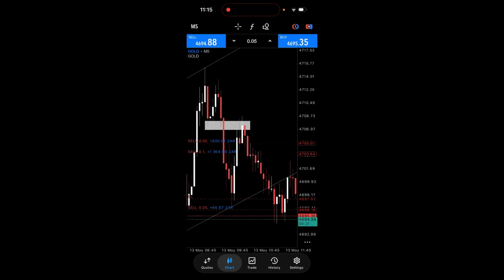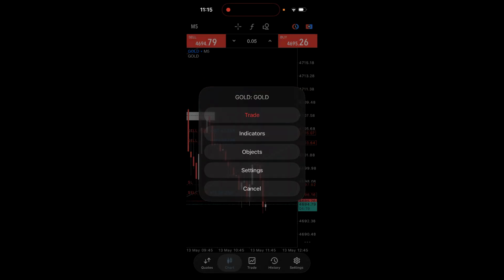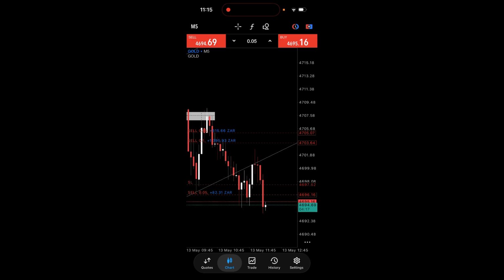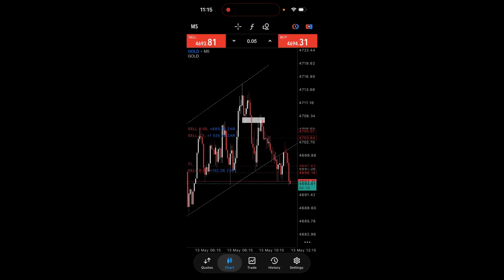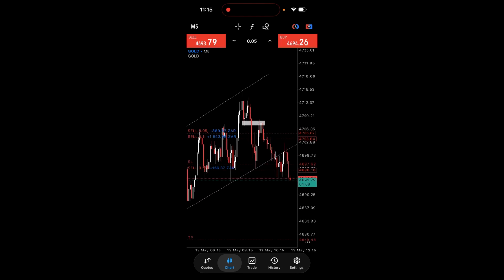If price fails to continue going down, it's going to hit our stop loss, and we're still going to walk away with profits.